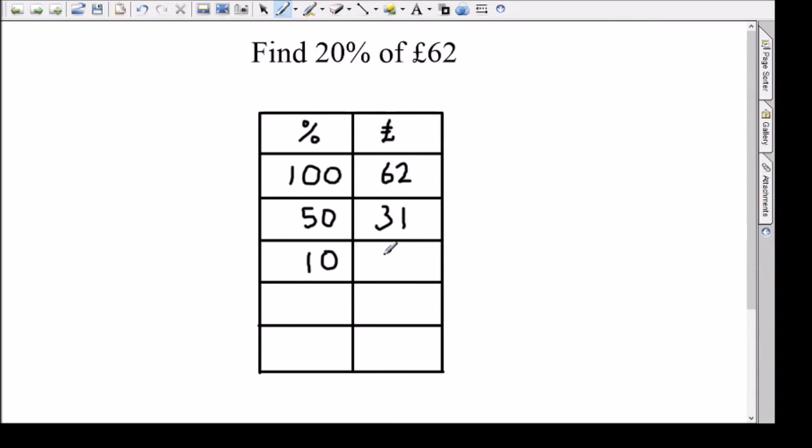We divide by 10. Okay, this is looking a little more promising now. So I know that 20% is 2 lots of 10. So if I double my 10, I get to 20%, £12.40. So the answer is £12.40.